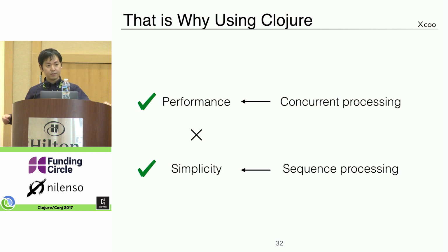From these results in bioinformatics, we found Clojure satisfies both performance and simplicity, so that's why we decided to use Clojure. I think performance should be considered from the viewpoint of the total cost of implementation and tuning. On that point, Clojure has a marvelous balance of them, and that is the most important.